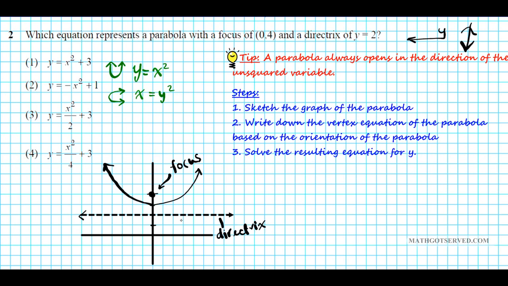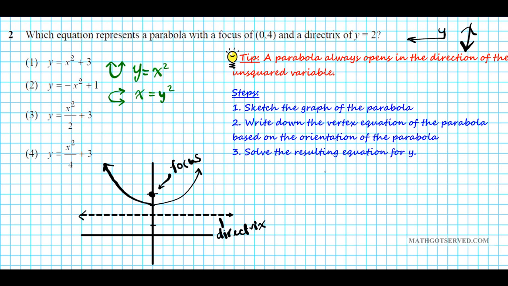Okay, now, what's the benefit of drawing all this? Well, it helps us to find some important pieces of information. To help us determine what they are, let's go ahead and write down the vertex equation of the parabola first. So let's see. There are 2 options we have here.